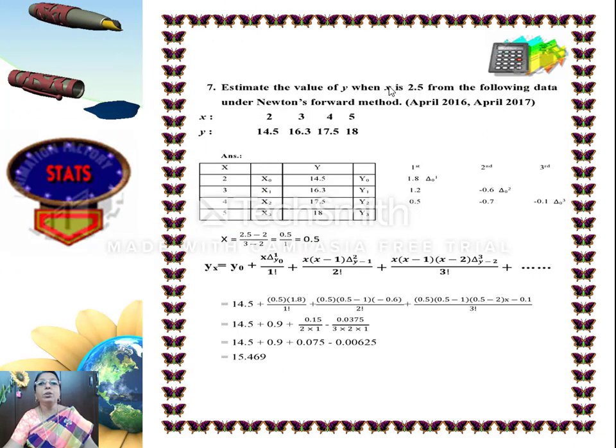Now, going on to the next problem, the given values are in equal intervals. What we have to find out is for x equal to 2.5. Given values are 2, 3, 4 and 5. So they are moving in equal intervals. But what we have to find out is an unequal interval. There we use the Newton's method.